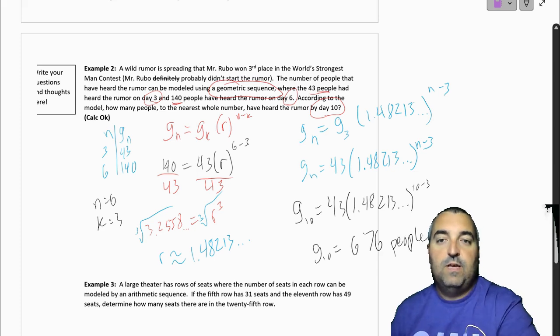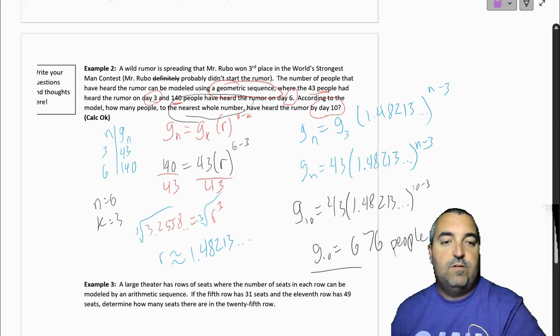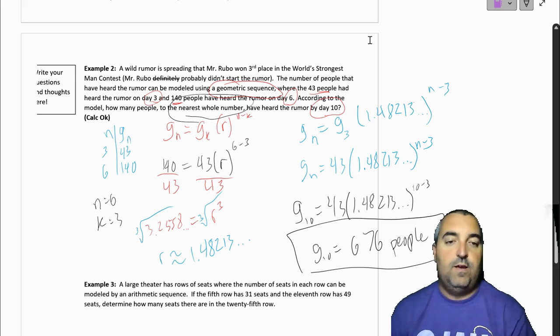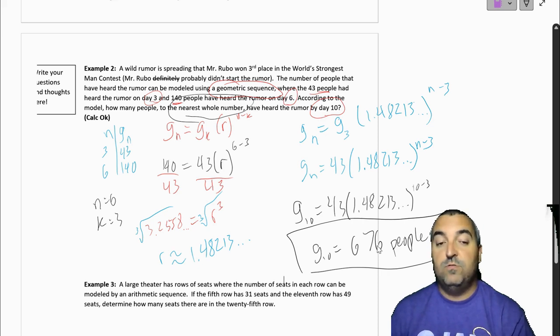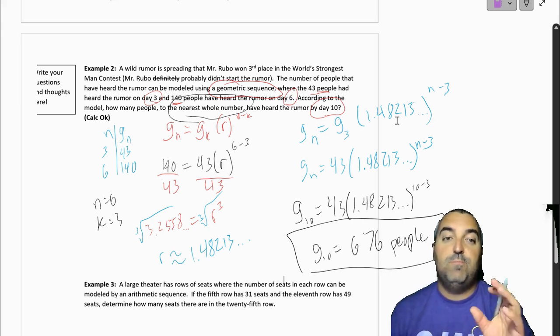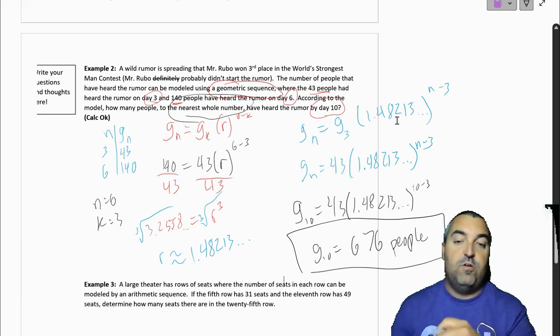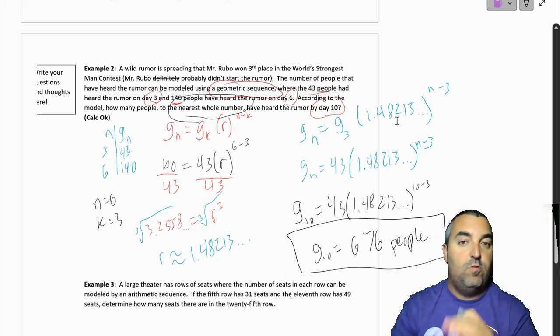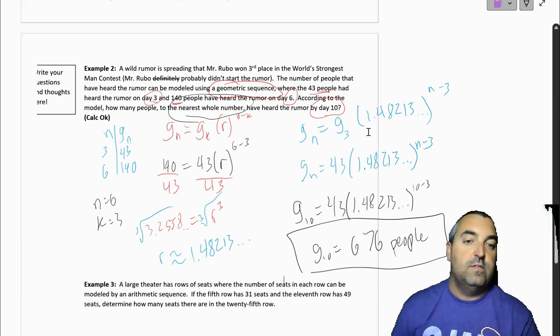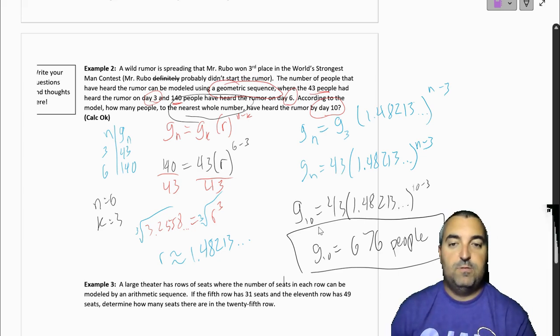It does say to the nearest whole number, so that is why I rounded there. If you round your r value too early, you will get a very different number. So make sure you keep that answer for your r the entire way. You only round at the end. Don't round in the intermediate steps.